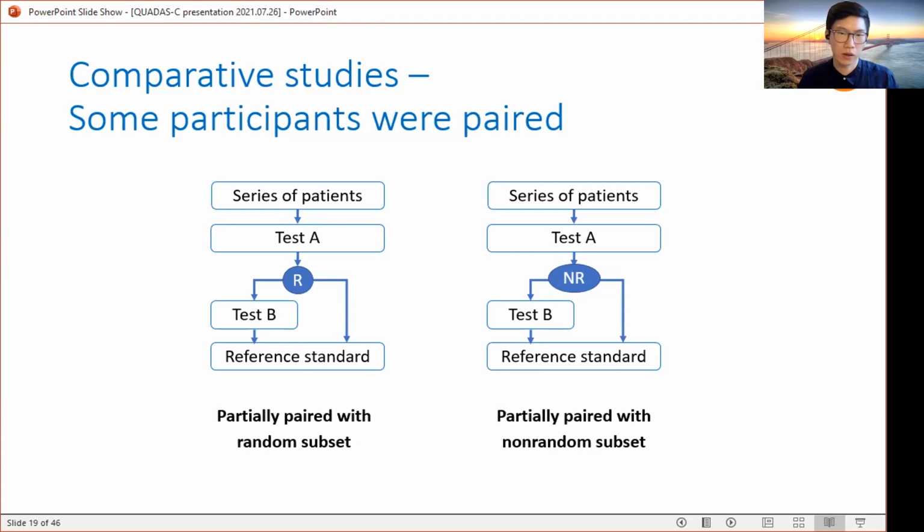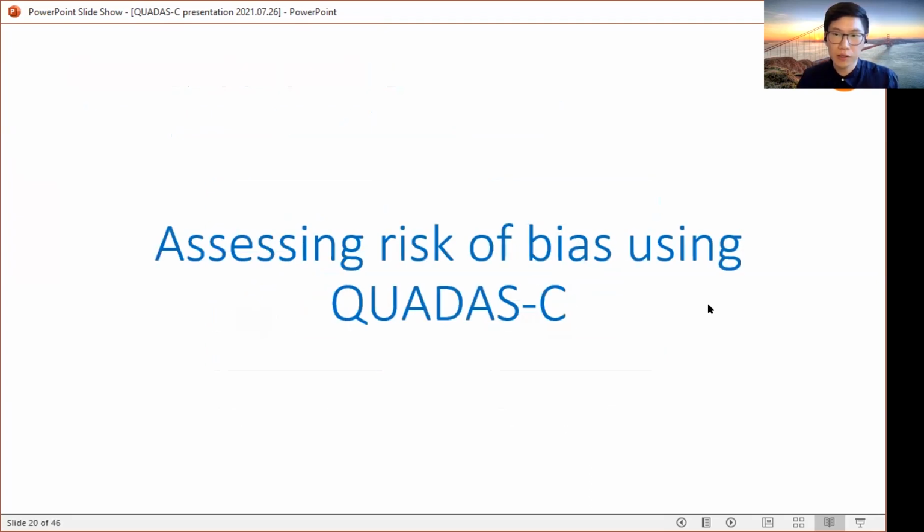Of course, if the proportion of patients who are paired is large enough, we can probably assume that the patient groups will be more comparable. So I've illustrated some commonly used study designs for comparative test accuracy. Of course, the partially paired with random subset is more of a hypothetical design.